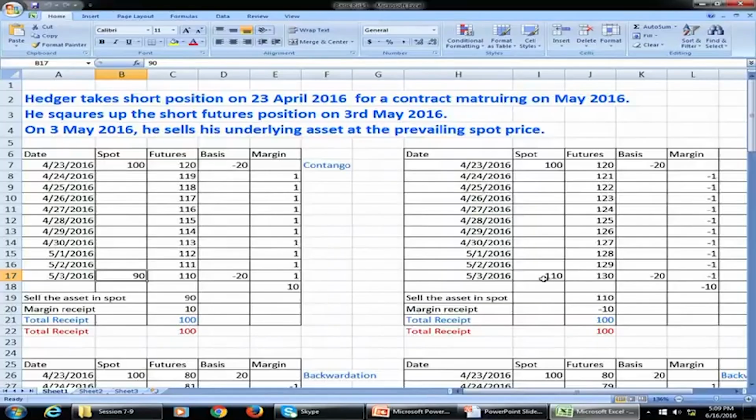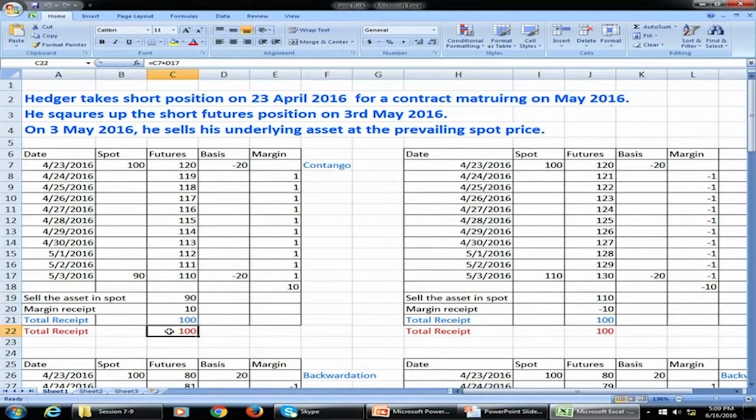So initial margin payment or receipt does not in any way get influenced or factored into this calculation. Now this total receipt, if you can see, is 90 plus 10, that is the spot market price plus the margin receipt.